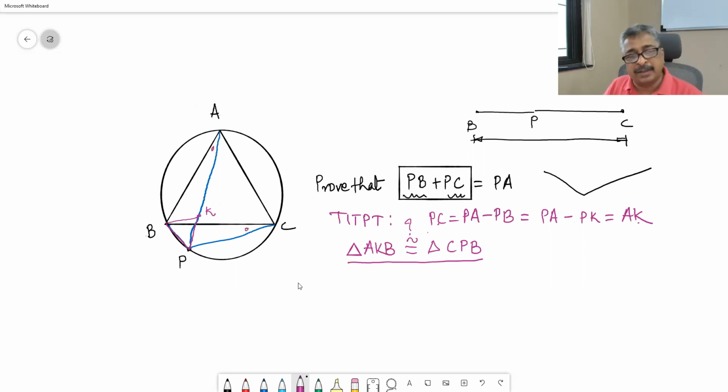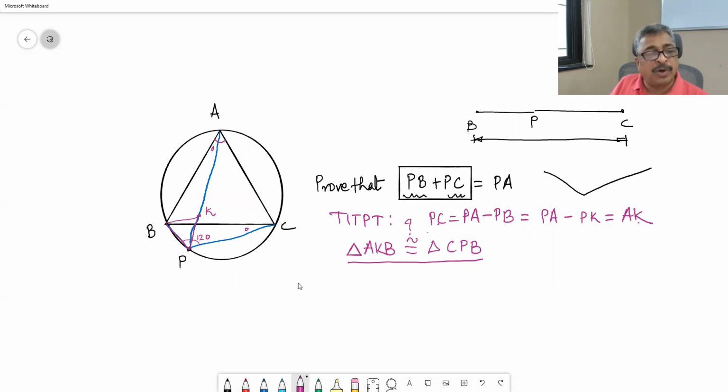Now, is angle A equal to angle C? Yes, it is cyclic, therefore they are equal. Then this is an equilateral triangle, and therefore this is always going to be 60 degrees, and this is always going to be 60 degrees. This is 120. Why? Because again cyclic, and this is 60. Correct. Good.